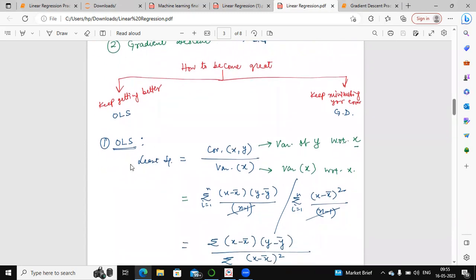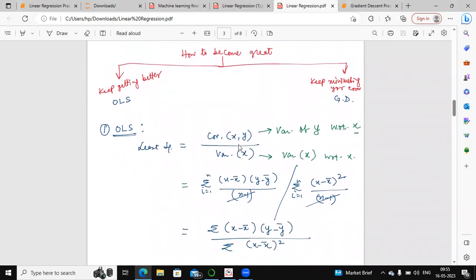Ordinary least squares is nothing but the covariance of x, y divided by the variance of x. That is the variance of y with respect to x divided by the variance of x with respect to x.